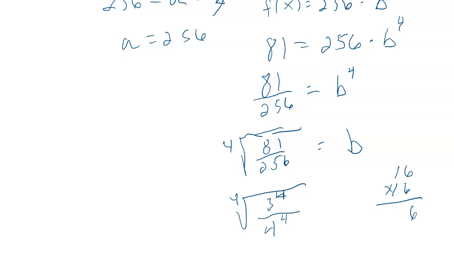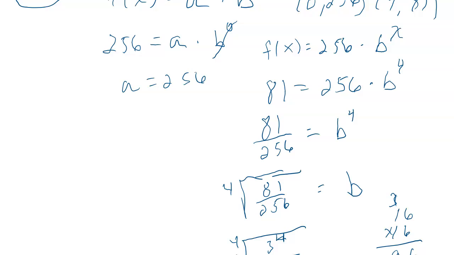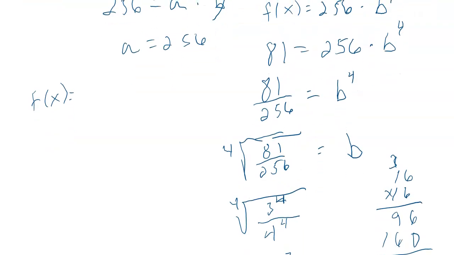So we take the fourth root of that, which is b is equal to 3/4. So we'll have the equation f of x is equal to 256 times 3/4 to the x. Give me 1 second.